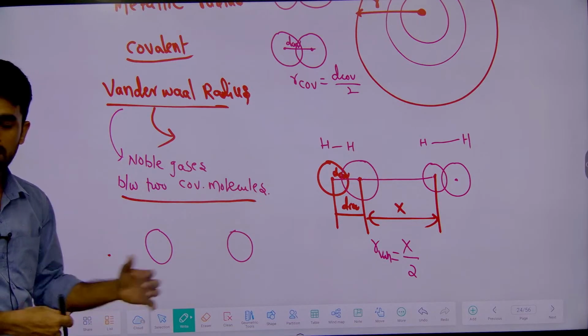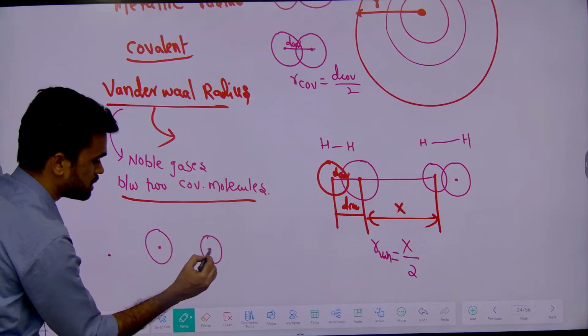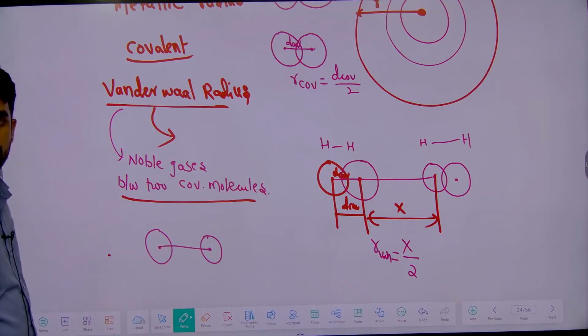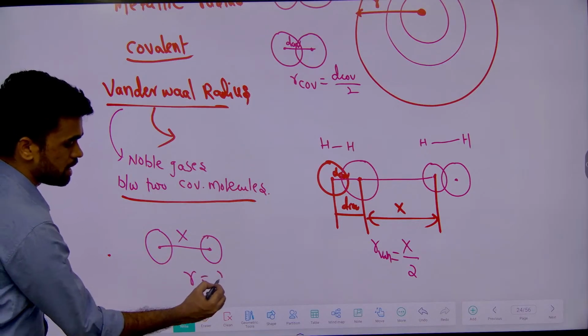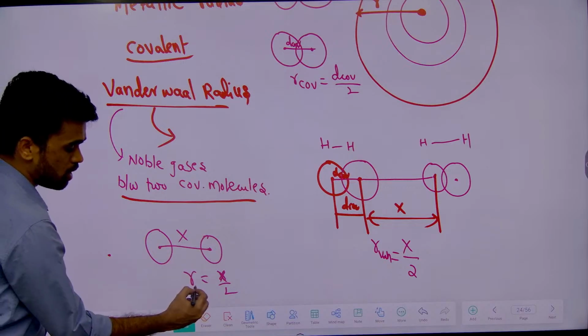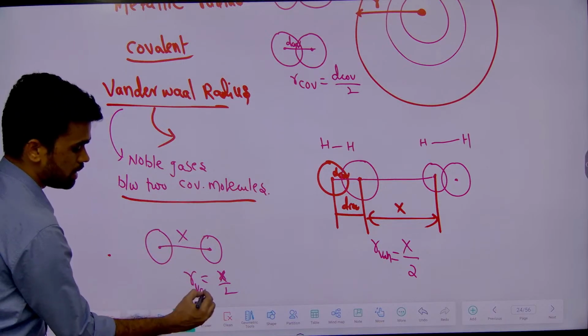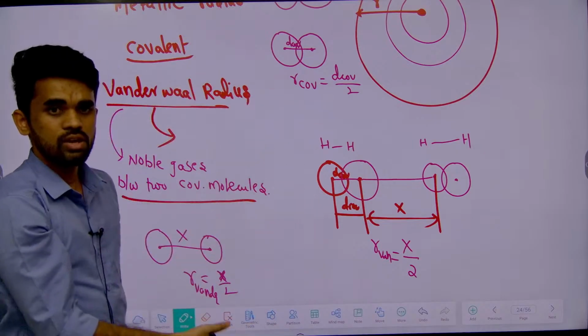Yes or no? So for these noble gases, we express the radius in terms of what? If this distance is x, the radius becomes x by 2. So this is called what radius? Van der Waals radius.